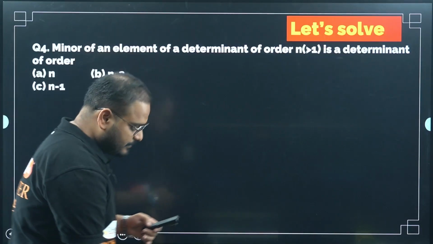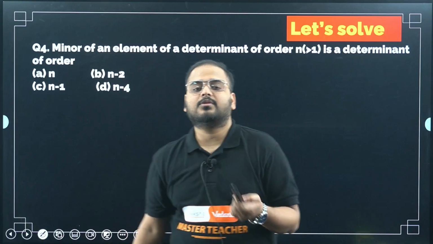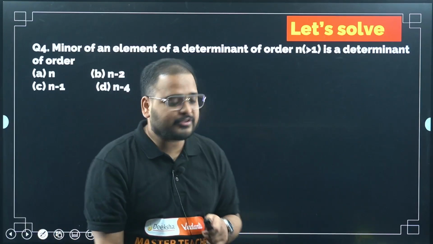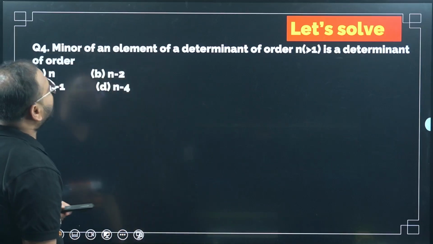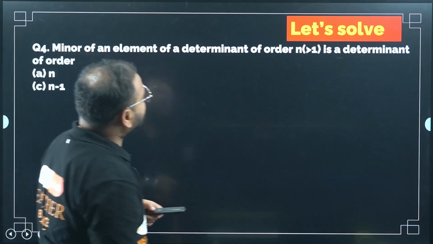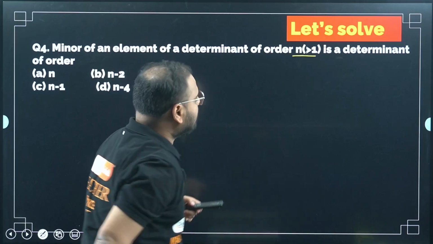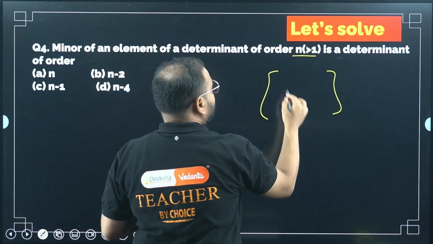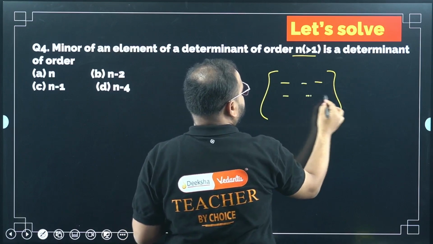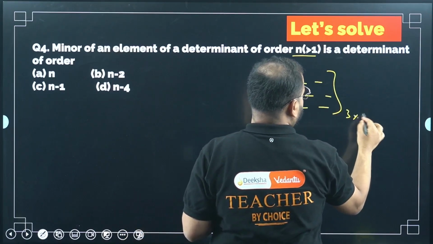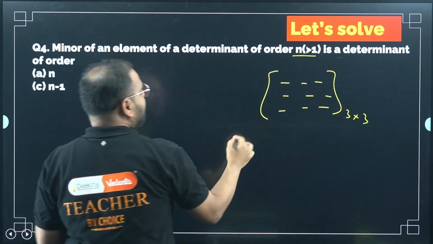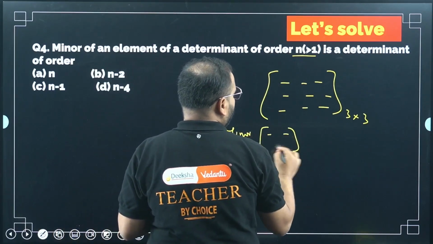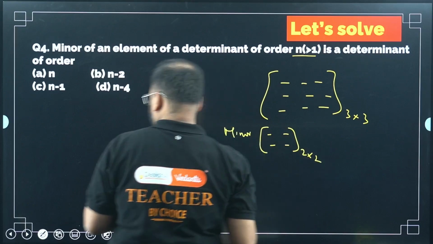Okay, all right. Let's now come to the questions part of the session. Now we'll solve some questions. Minor of an element of a determinant of order n. If I have a determinant given like this, 3 cross 3, then obviously the minor will always be 2 cross 2 only. We saw that, right?